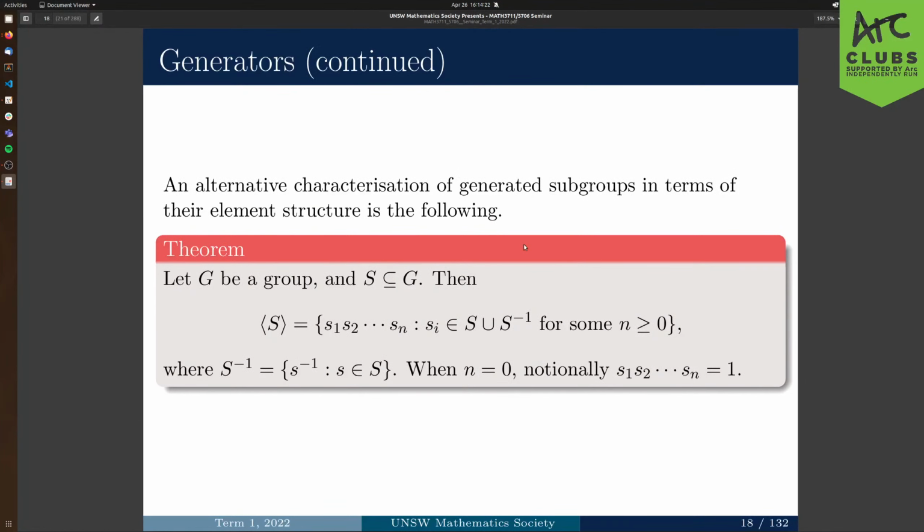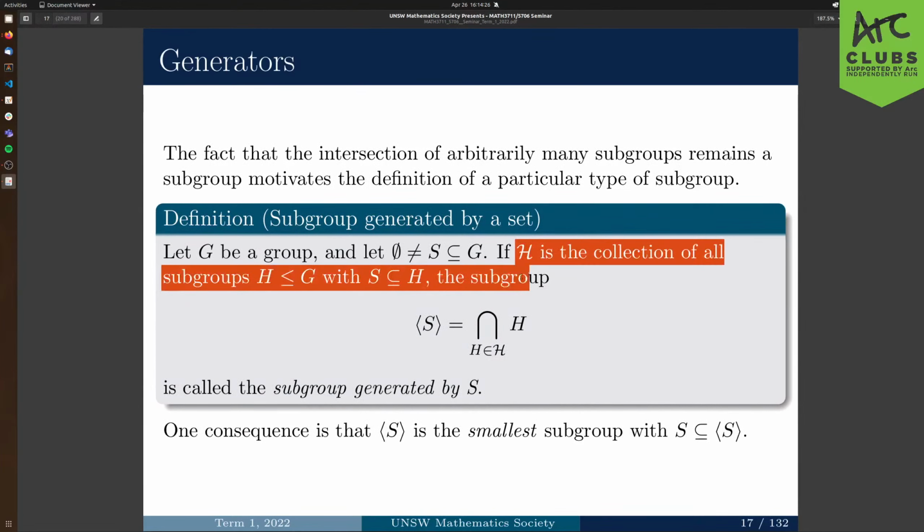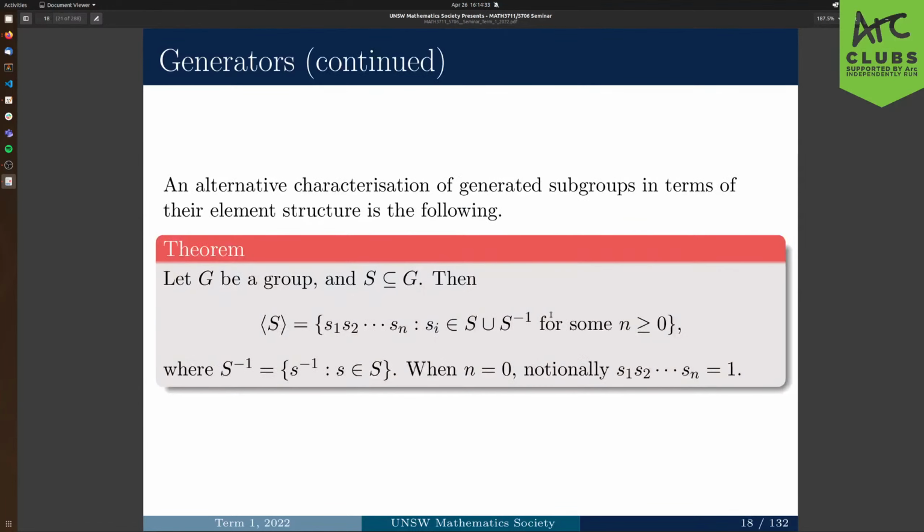You can write it in a different way. Obviously, working out the set of all subgroups that contain S is a little bit tricky, so you might not be able to do that nice and easily. One other way you can talk about this generated subgroup is that it's essentially just the product of all elements in your subset together with their inverses.